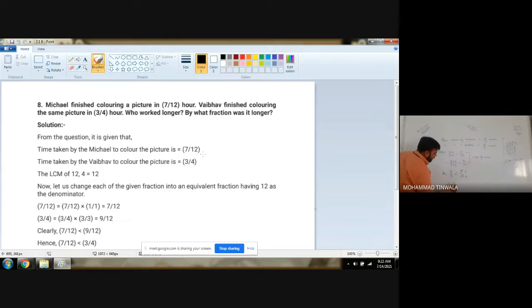So 7 upon 12 is smaller than 3 upon 4. 3 upon 4 is for whom? For Vaibhav. Therefore, in conclusion, you have to write: Vaibhav took longer time to complete his coloring work.